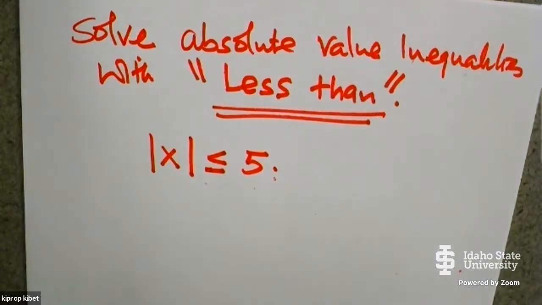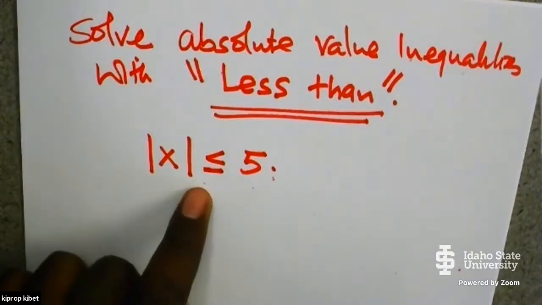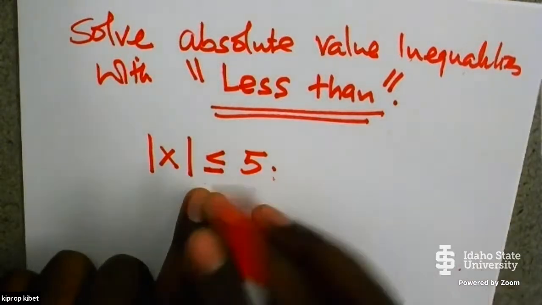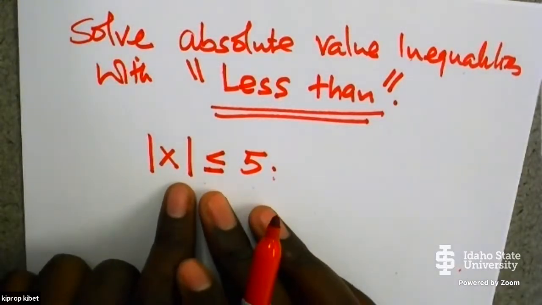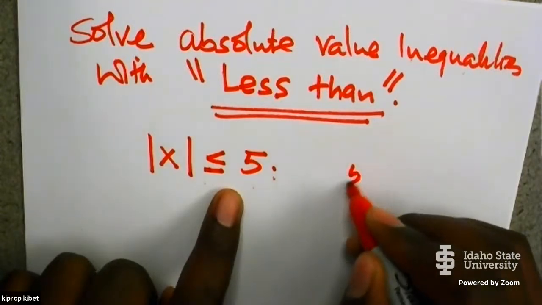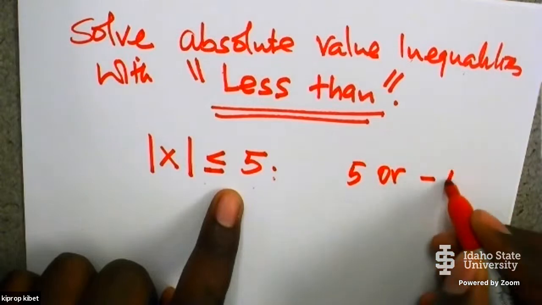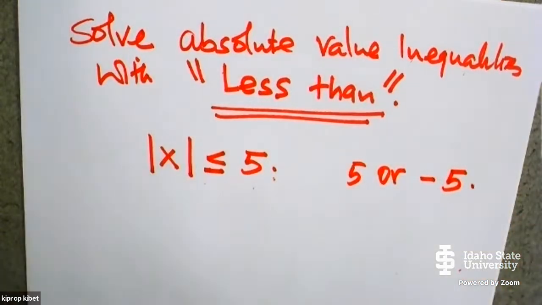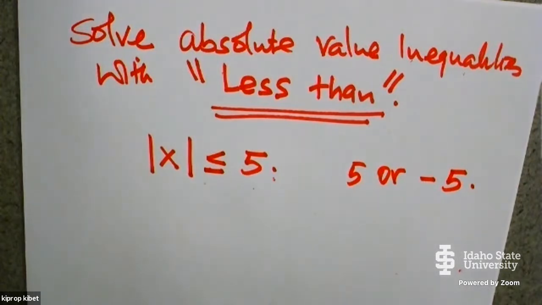So we know that the absolute value of x when it is equals to 5 is what? Is 5 or minus 5, right?